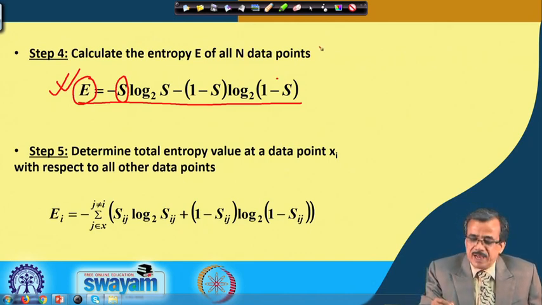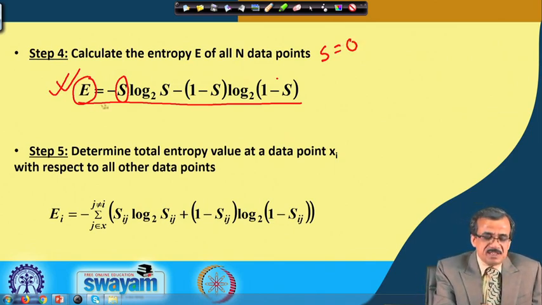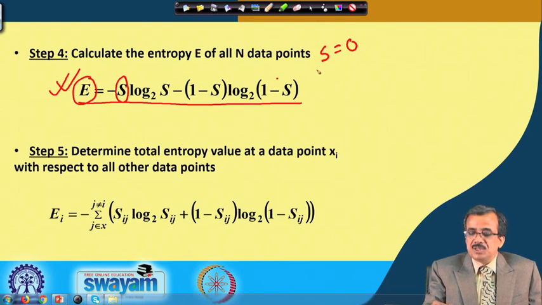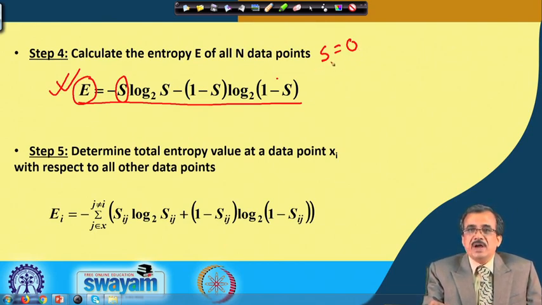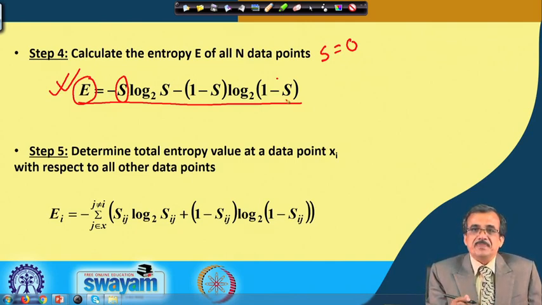Now, let me assume that say S is equal to 0. If I take S equal to 0, that means the similarity equals 0, that means the distance between the 2 points is very high, and the 2 points are too far apart, and let us see what happens to entropy using this particular expression.